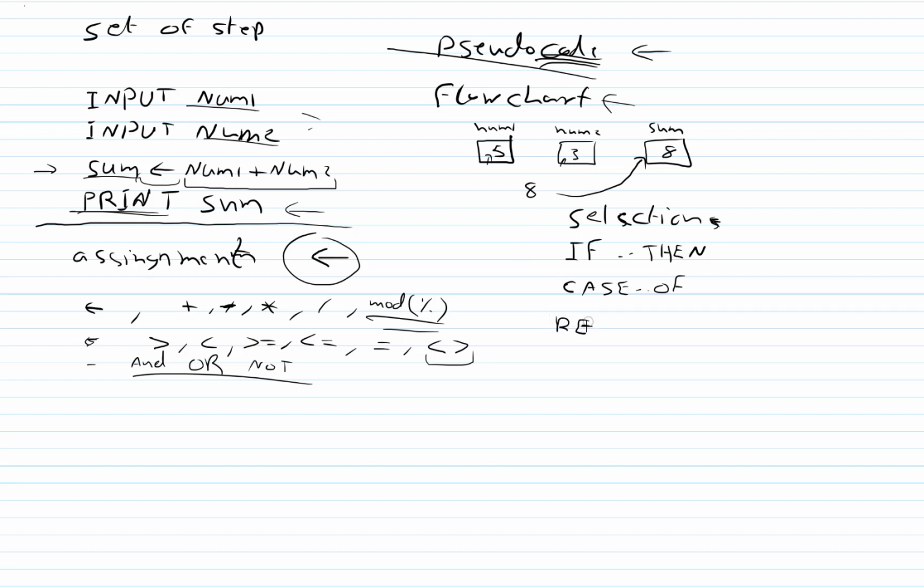If we are going to repeat some steps more than once, or several times, we will use the repetition structures, such as the for next, or while do, or repeat until. I think most of you are aware of that.